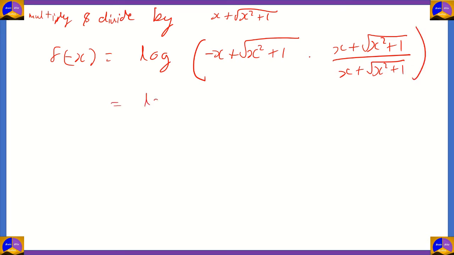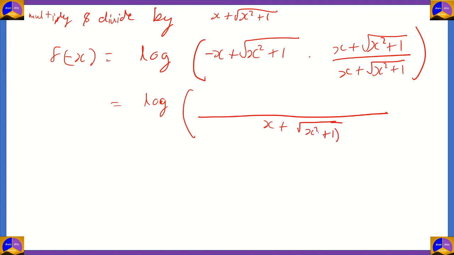So inside the logarithm, the denominator is x plus root of x squared plus 1. Now the numerator is the product of minus x plus root of x squared plus 1 and x plus root of x squared plus 1. So therefore, now let's start multiplying.